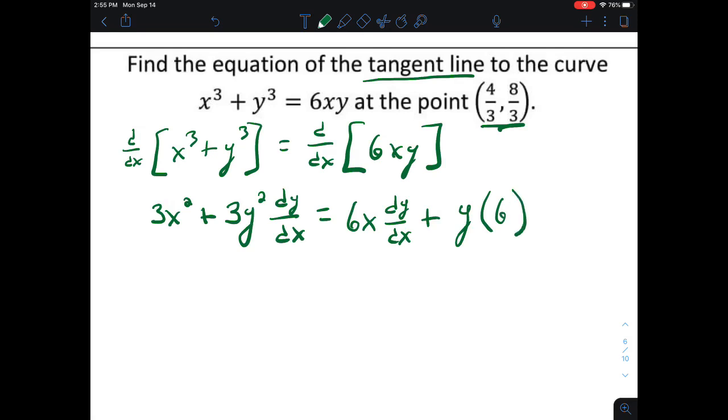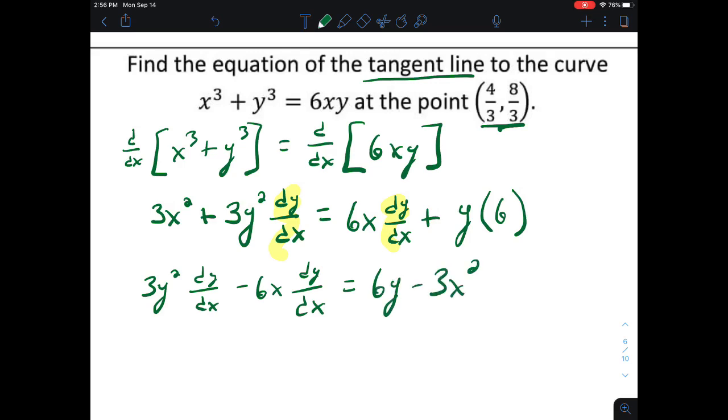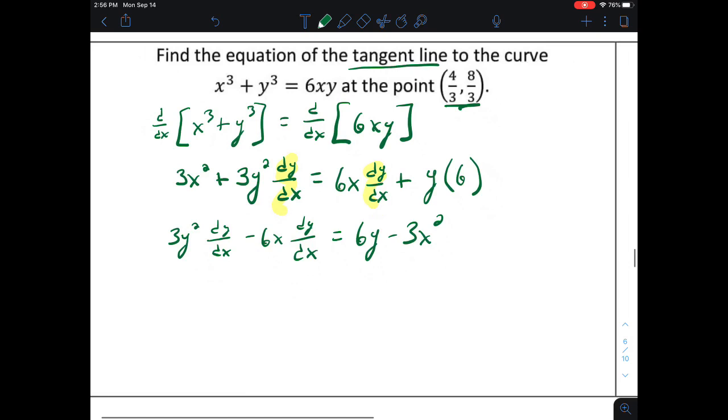And then we work to simplify. We want to get all of the dy over dx's on the same side here. So I'm going to put them on the left and move everything else to the right. We'd have 3y squared dy over dx minus 6x dy over dx is equal to 6 times y minus 3x squared. And then factor out the dy over dx.